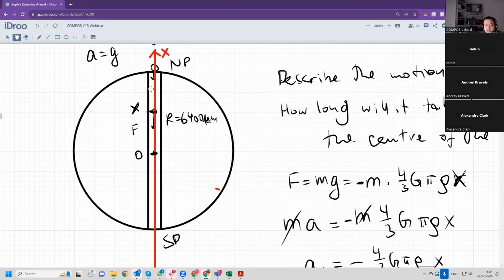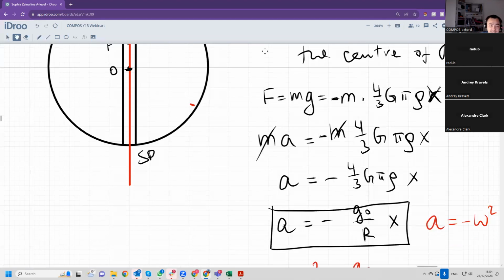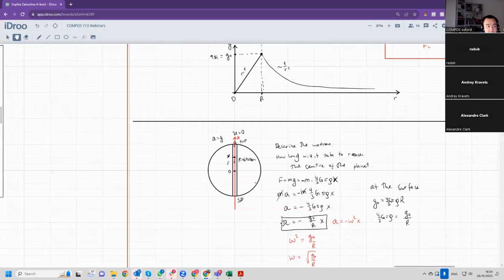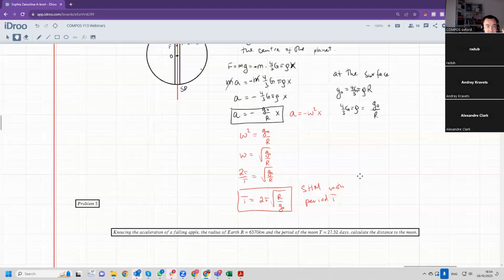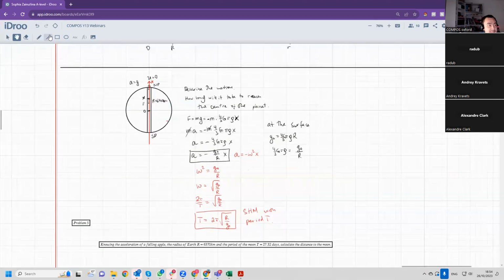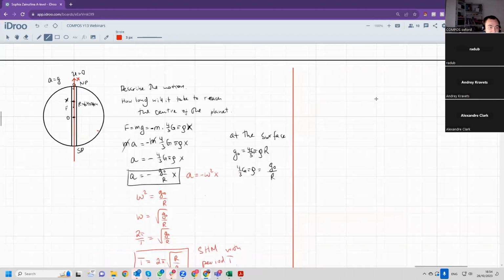How long does it take to reach the middle? Well, it's a quarter of a period. It takes T over 4 to reach the center.